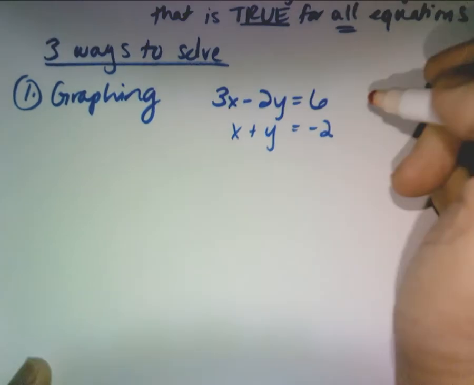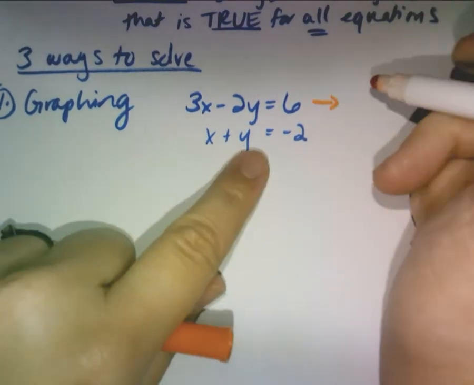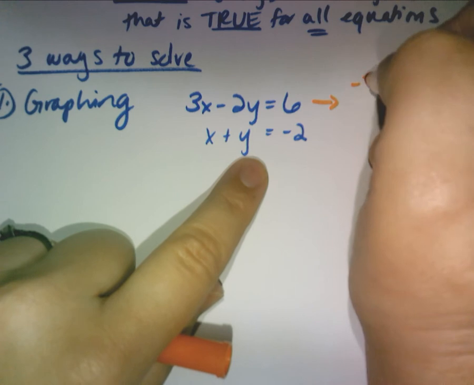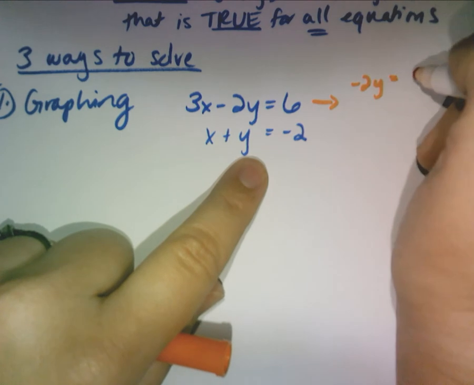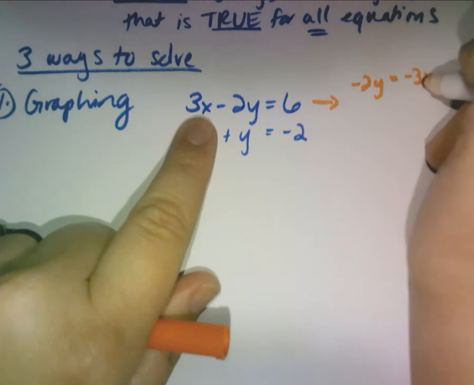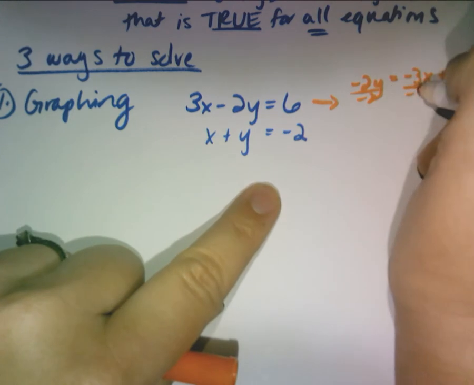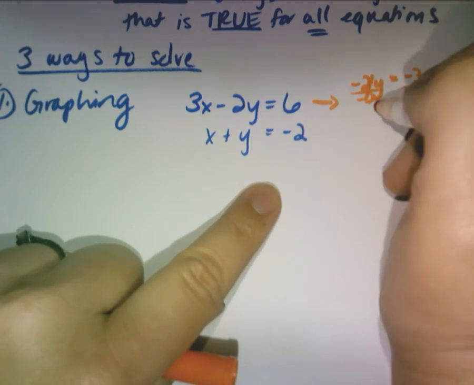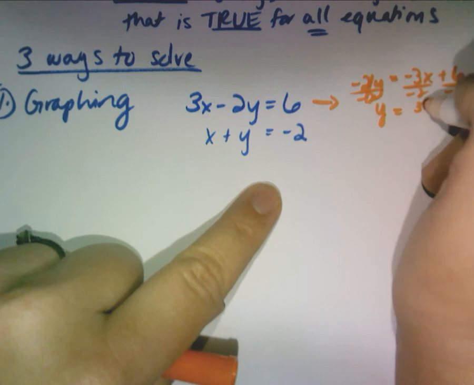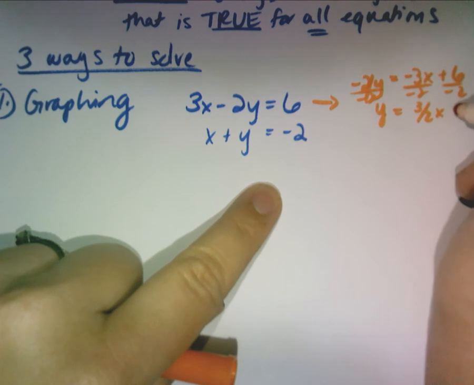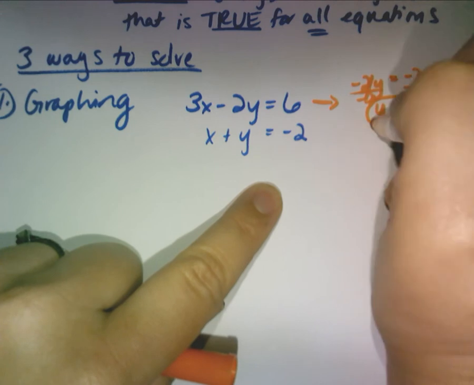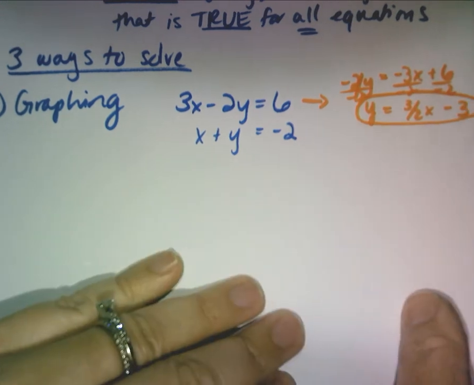So solve this for y. This would be -2y equals -3x plus 6, divide by -2, y equals 3/2 x, what is that? -3? So set that equal to y.